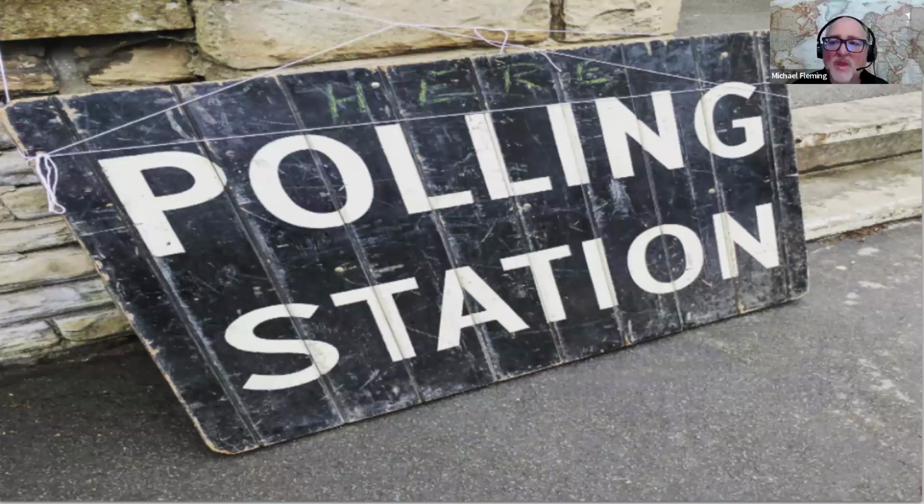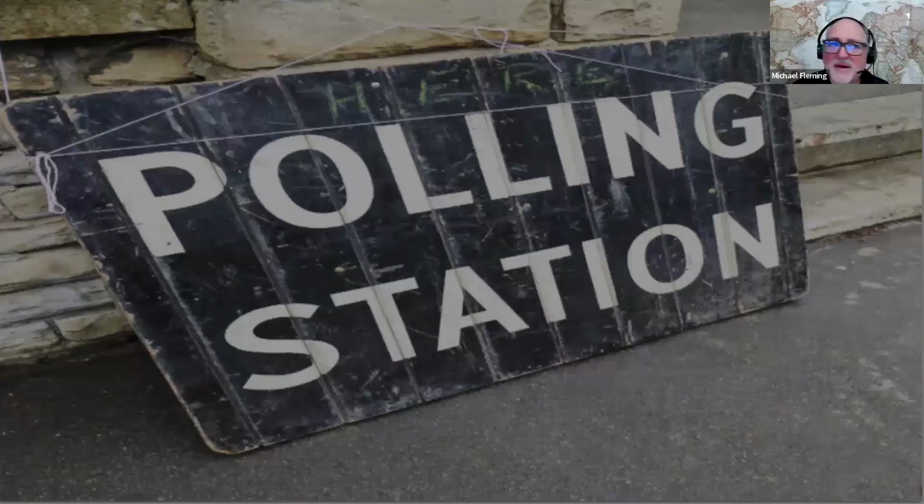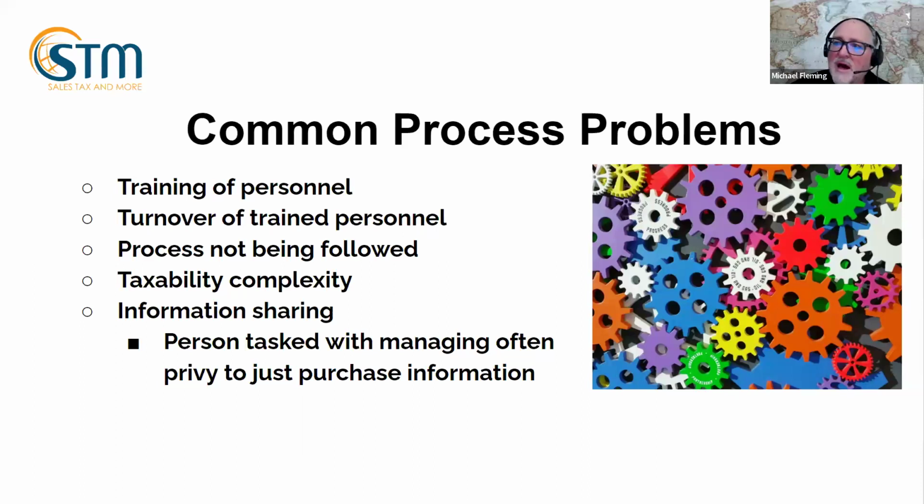Okay. All right. So some common process problems: training of personnel. There's a lot of turnover. As soon as you get someone trained, they get good at their job, and all of a sudden you get to start over again. So there's a lot of time in training personnel to do this. Sometimes you train them, and for whatever reason, they stop following your process. Taxability complexity.